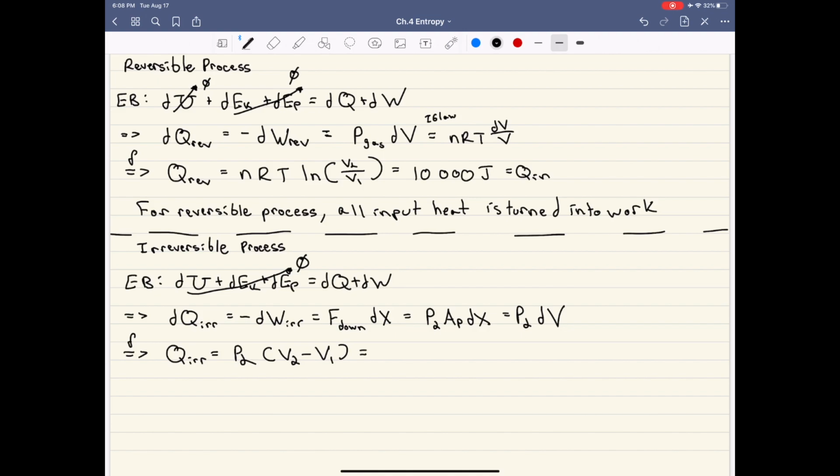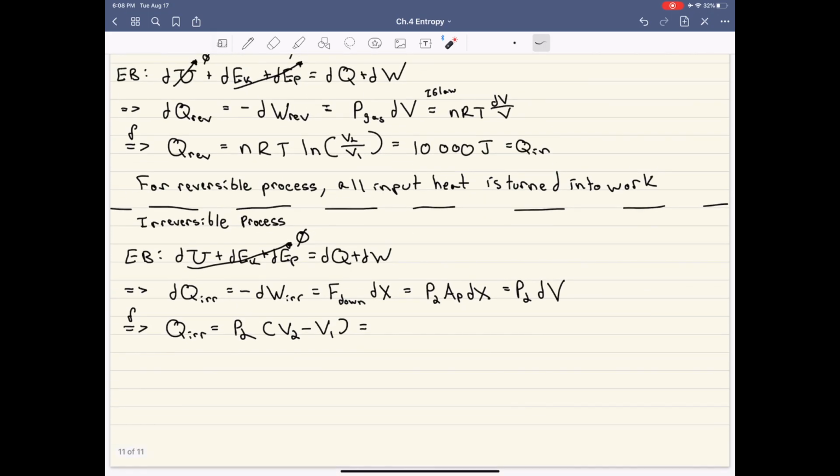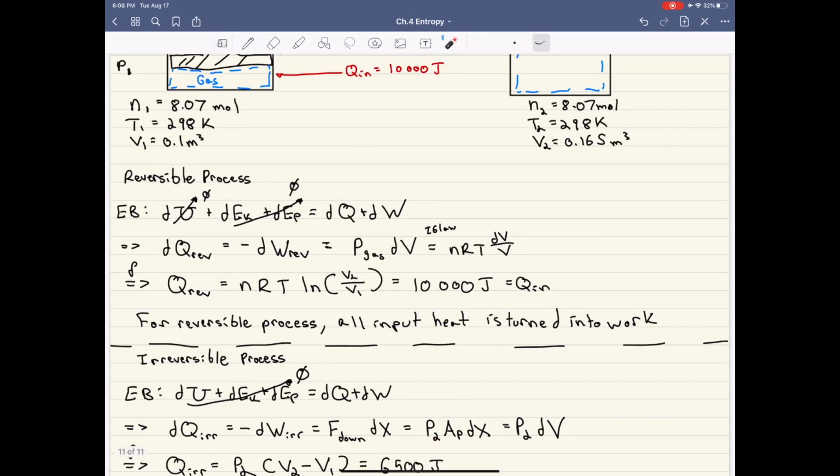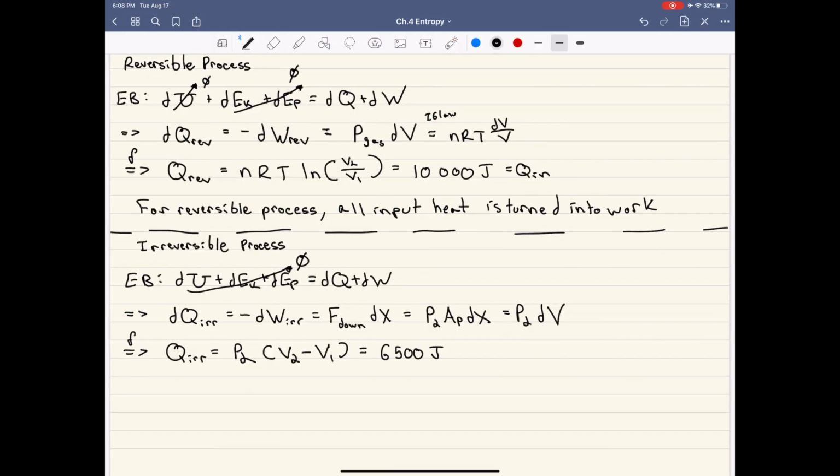If we take the volume 2 and the volume 1, the same parameters that we used for the reversible process, and plug those in and multiply them by pressure, what we get is 6,500 joules. And so this number does not match the amount of heat that we put into the system.